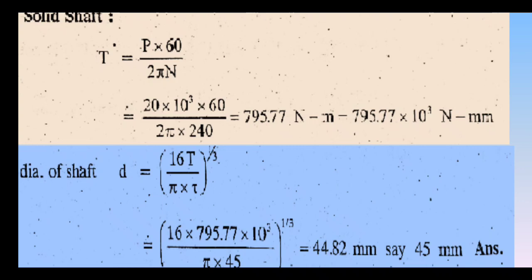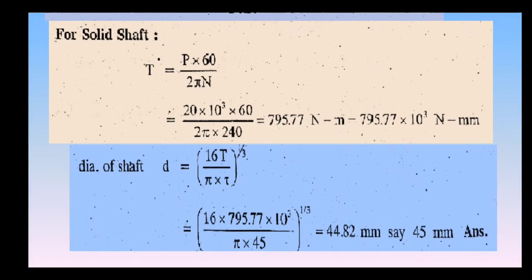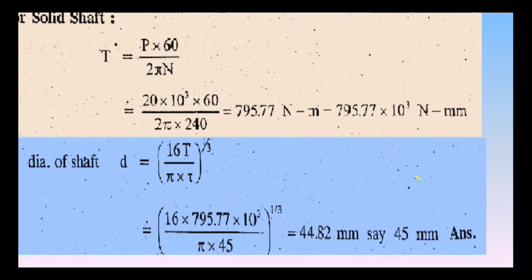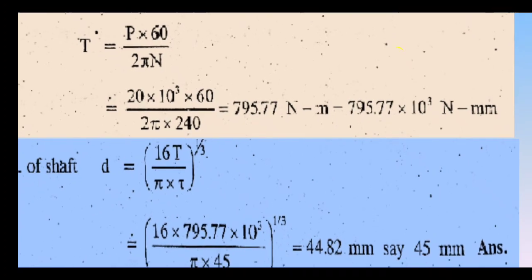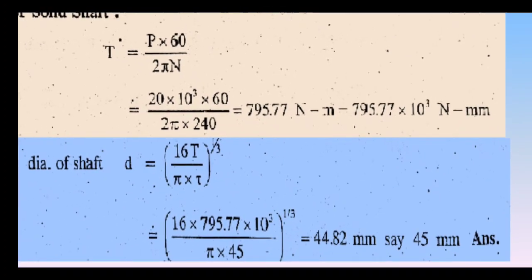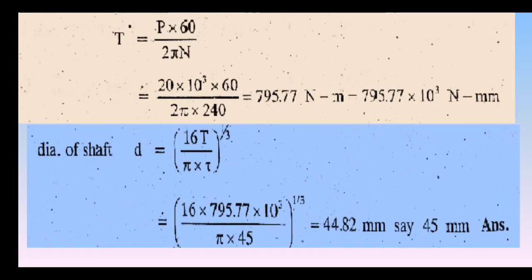This is the torque T, and you have to add that value in the diameter D formula, that is diameter of the shaft D is equal to 16 into T divided by pi into tau, whole raised to 1 by 3. This formula we already used in the previous problems, so you just have to remember it.